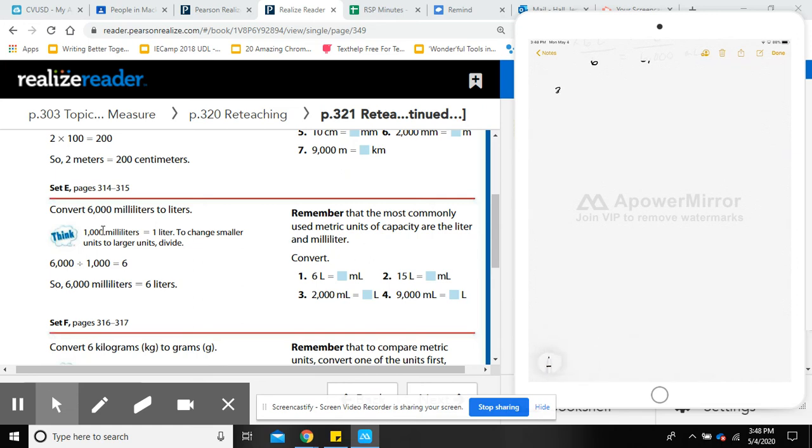Okay, number 3. 2,000 milliliters is equal to how many liters? So remember before when they said if we're going from large to small, we can multiply, but if we're going from small to large, we can divide. So if I know that 1 liter is equal to 1,000 milliliters, then I can divide this by 1,000.